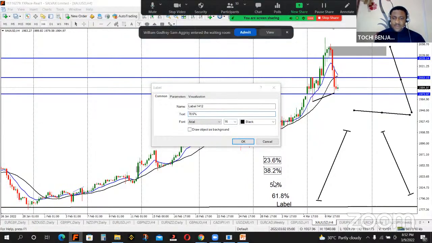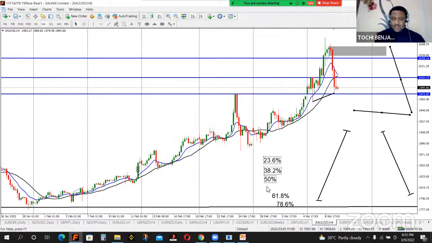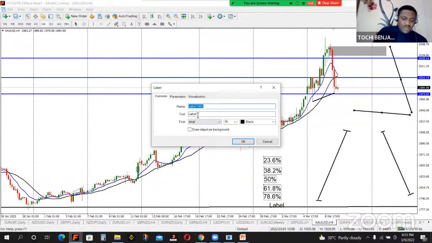And we'll have the 88.6 retracement level.